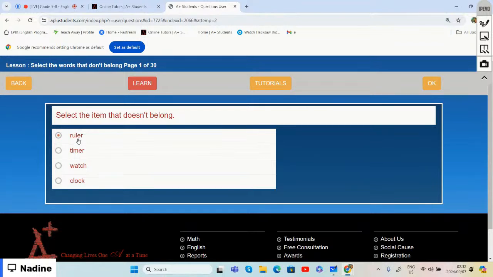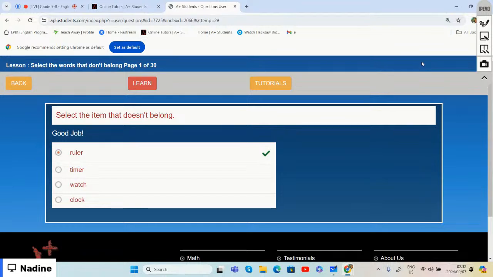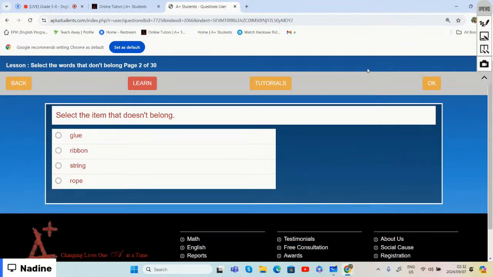Yes, well done. Ruler doesn't belong. Option one. Timer, watch, and clock, that is to do with time. But ruler is to do with measuring or objects. So well done.